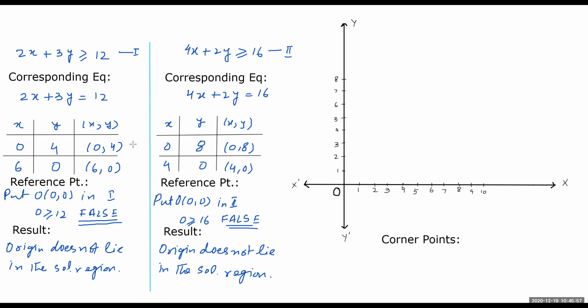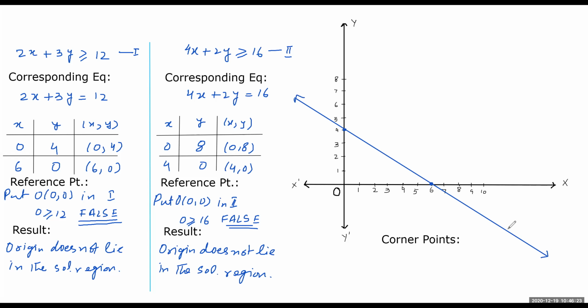The first line, the points are 0, 4 and 6, 0. X equals 0, y equals 4, here is the first point. At x equals 6, y equals 0 is the second point. Join the two with the help of a straight line, and then put arrowheads on the line. Here it is.